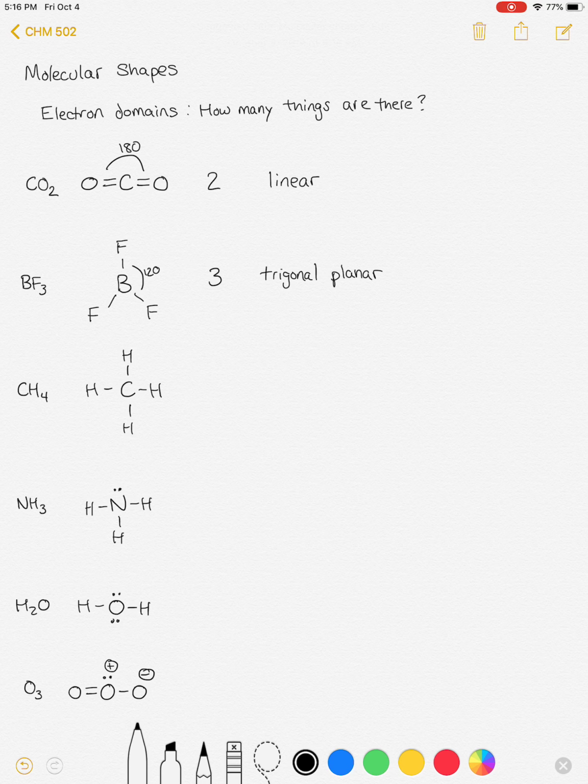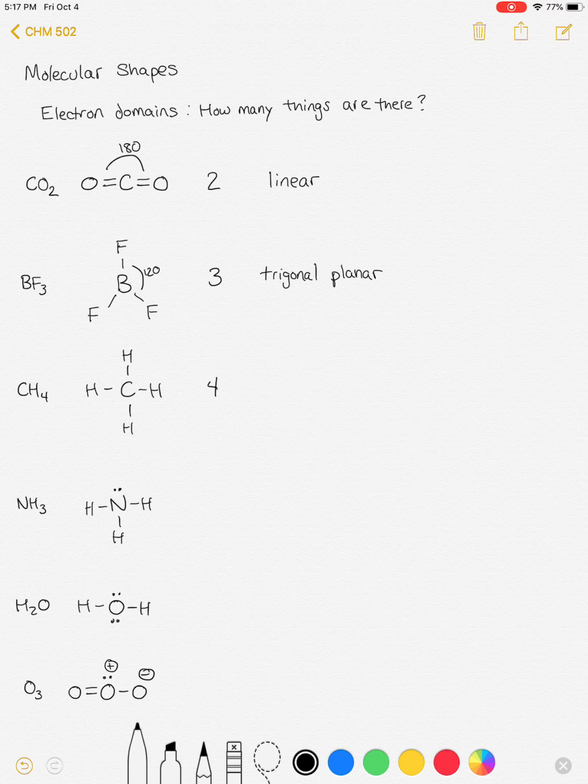Moving on to the next example, methane, CH4. We can ask again how many things are around that central carbon, and the answer is 4. Now we can say how far away these things can get from each other. You might be tempted to say it's 90. Well, it's not, because atoms can be in three-dimensional space.